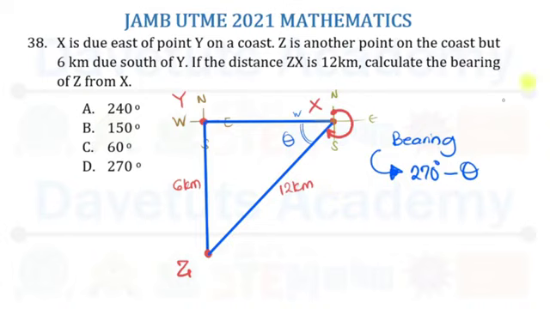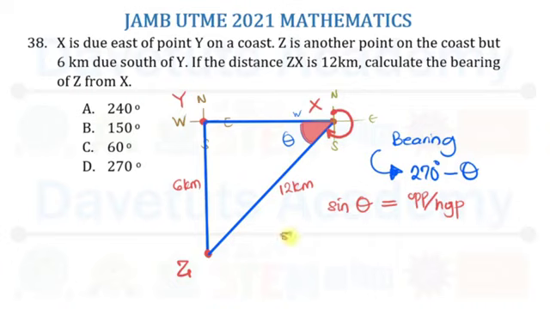So already we have a triangle question that we're trying to solve. From the diagram, you can see that for this particular angle of interest, 6 is the opposite to it, and 12 is the hypotenuse. And we know that sine theta is opposite over hypotenuse.